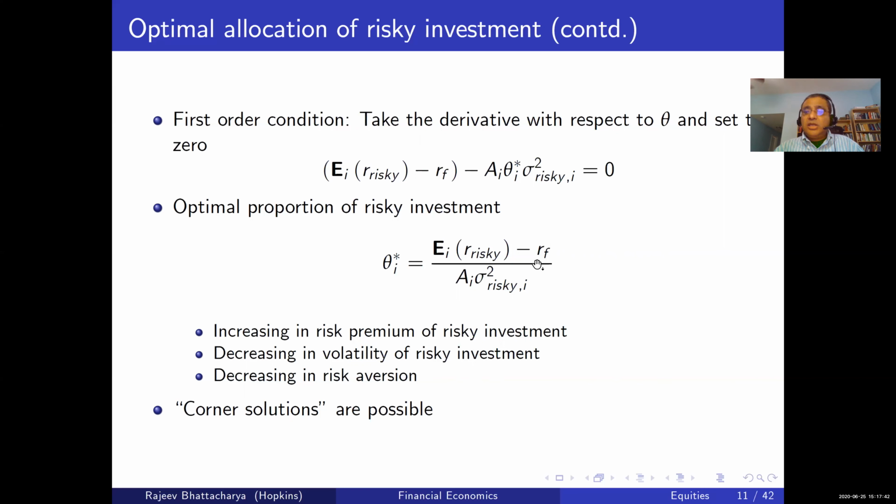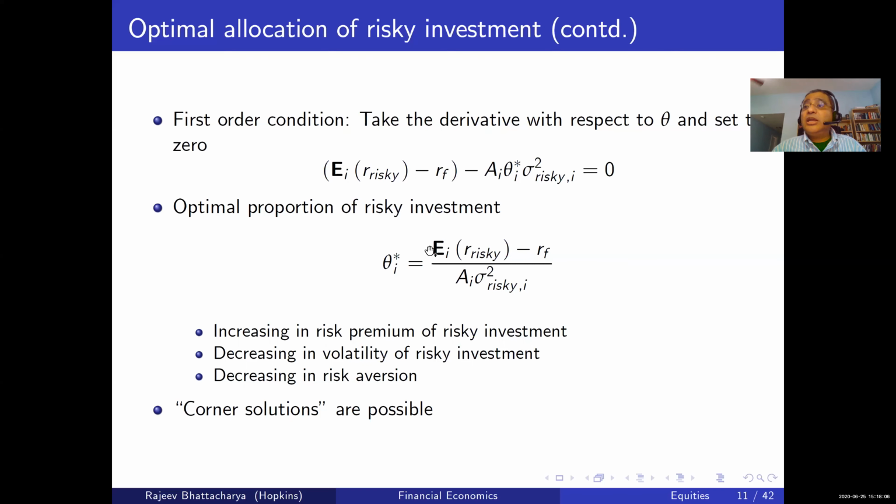theta equals the expectation of the risky asset minus the risk-free asset. This is the excess return of the risky asset, or in expectations, the risk premium of the risky asset, divided by A_i, the quadratic utility parameter, times the variance of the risky asset.